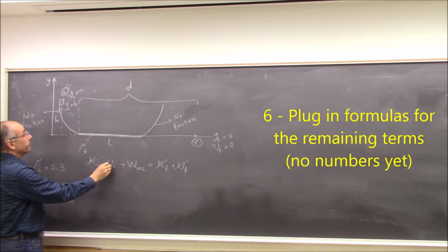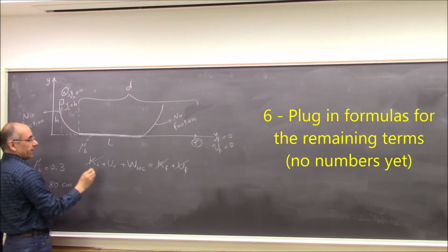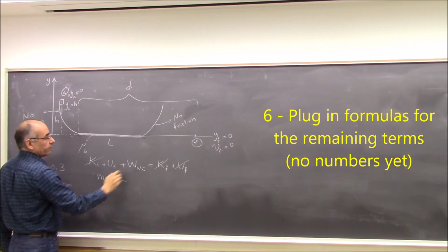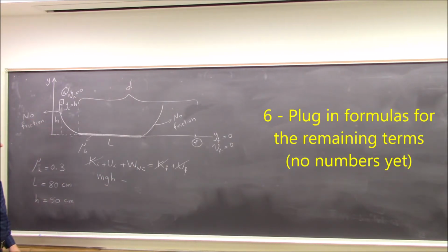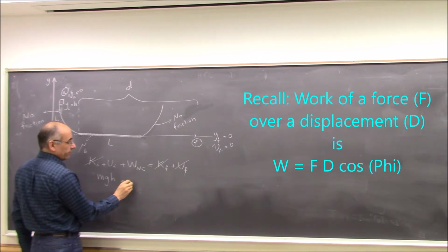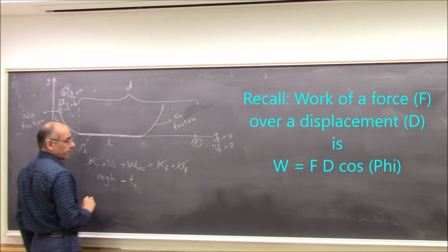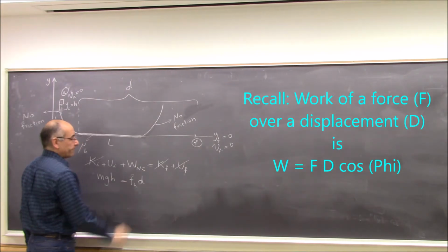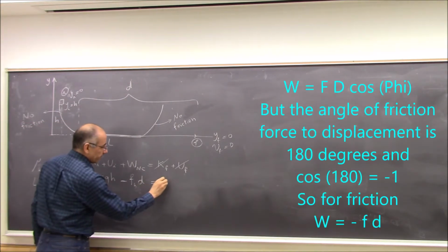So all we have is initial potential energy and work of non-conservative. Initial potential energy mgyi, which is mgh, and work of the friction is negative Fk, the magnitude of the friction force, times distance d, equal to 0.